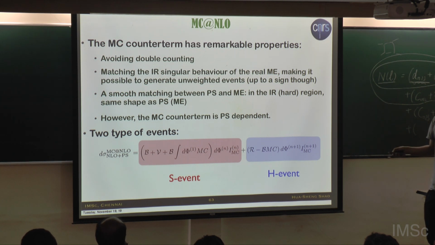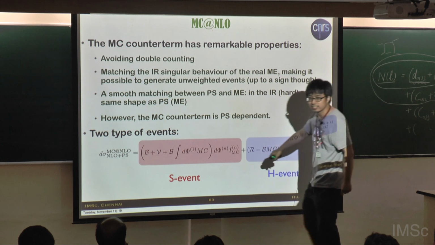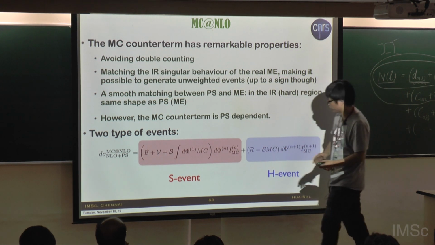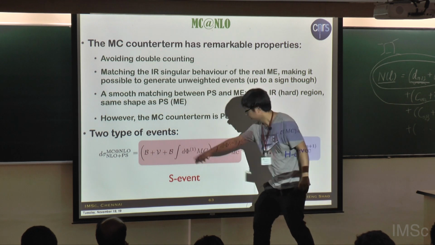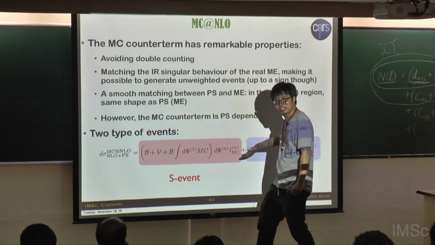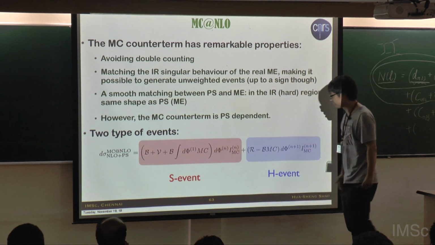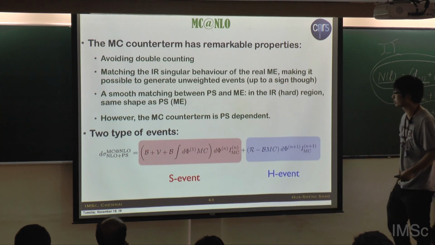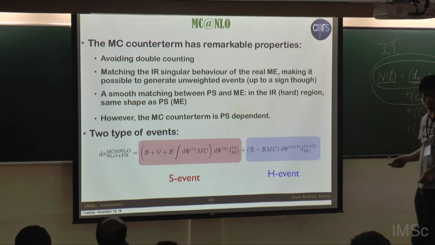It's very hard to integrate analytically. So in principle, you need to do S minus the counterterm integrated numerically, plus the analytical integration. So that's the practice, of course. That's really the practice of FKS.